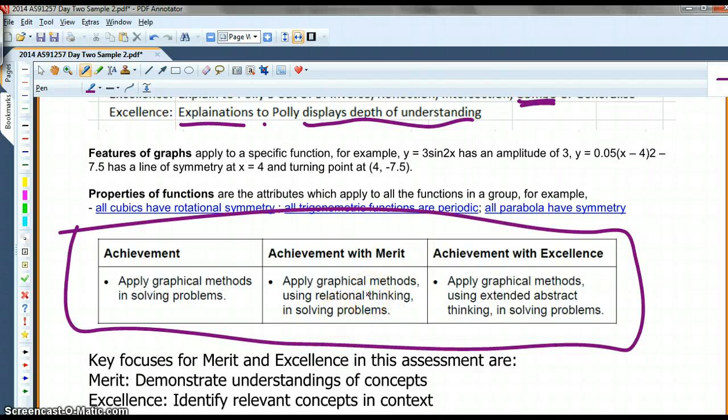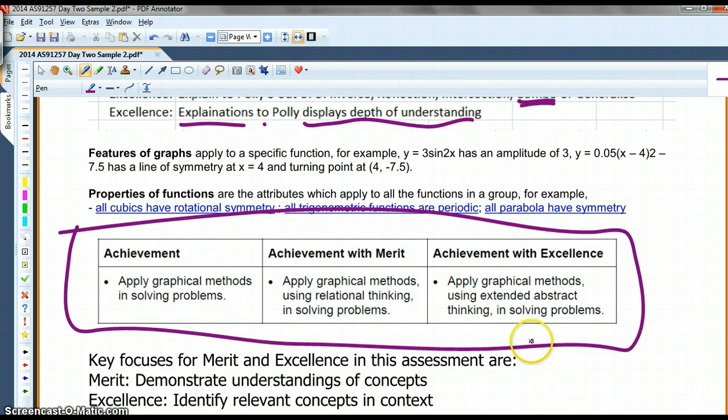So relational thinking, you're actually making connections between different ideas, you're able to articulate it, and you've got a way more thorough understanding. Extended abstract is that kind of thing where you've got the opportunity to show off your skills. You actually have to think to do it. It's a little bit outside the square, and a little bit of prior knowledge of knowing what you need to show is good.